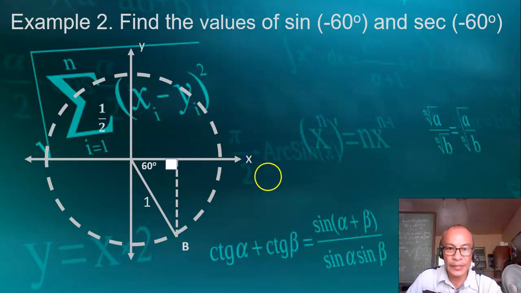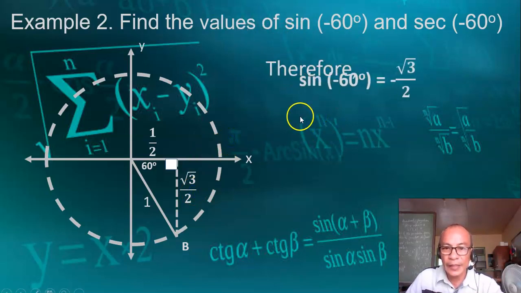So the coordinate of your x is 1/2, and the coordinate of your y will be square root of 3 over 2. So how did we obtain this? From the Pythagorean theorem, we made use of 1 unit and then minus 1/2, so we obtain square root of 3 over 2 using the Pythagorean theorem.